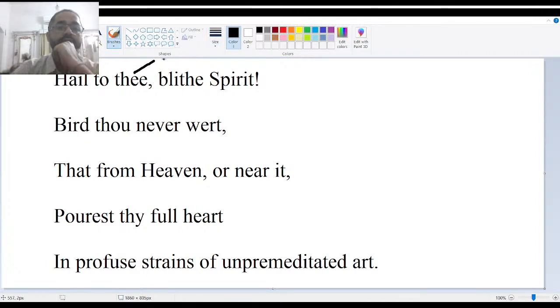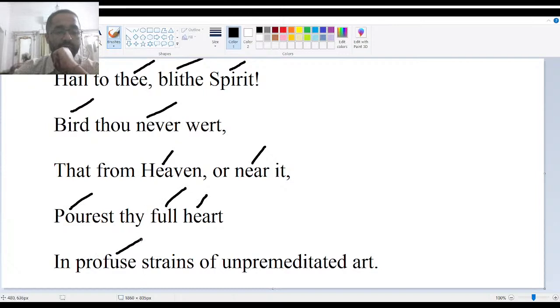Hail to thee, blithe spirit. Blithe is one word. Bird thou never wert. Shouldn't be stressed. That from heaven or near it pourest thy full heart in profuse strains of unpremeditated art.